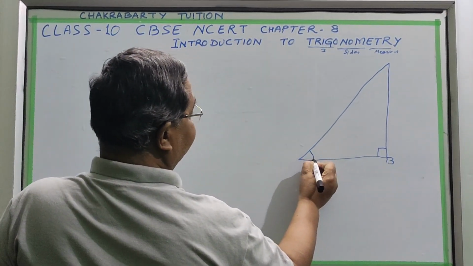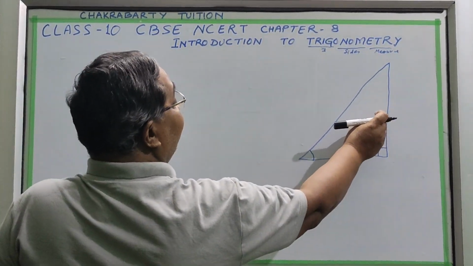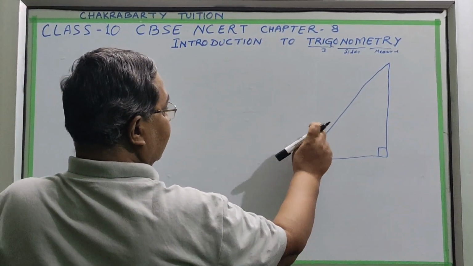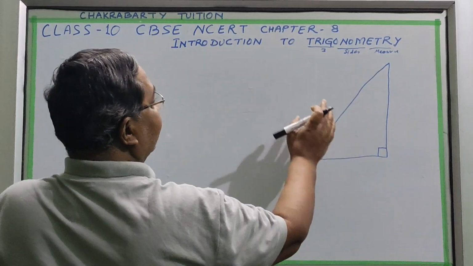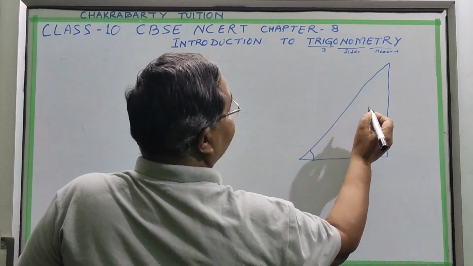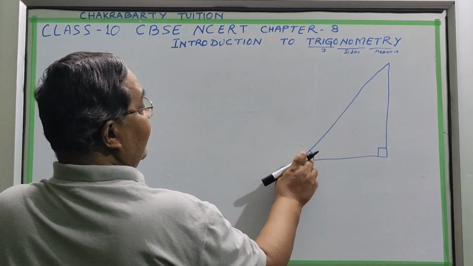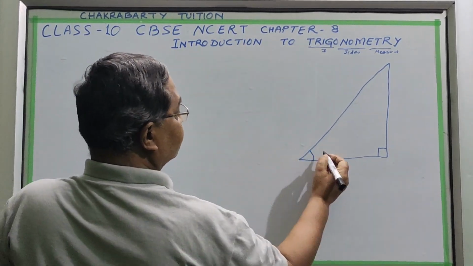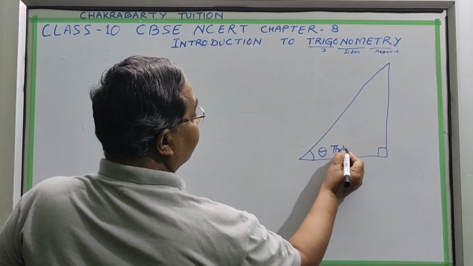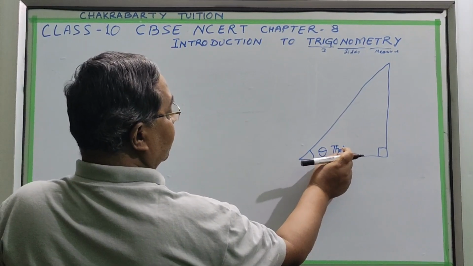So suppose for this acute angle you want to find the ratio between these two lines. Some ratios are given that we will discuss here. For which angle we are discussing the ratio, it is known as theta.